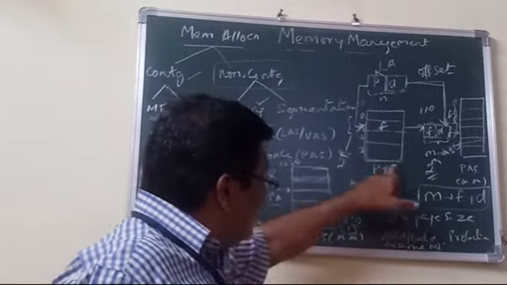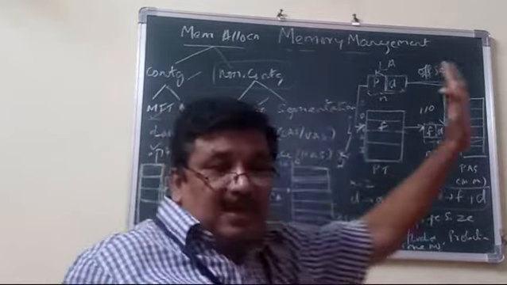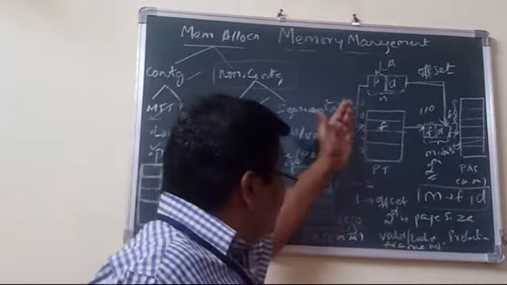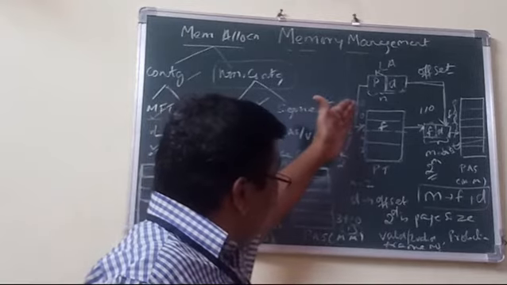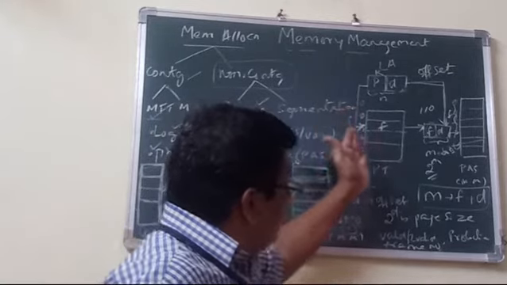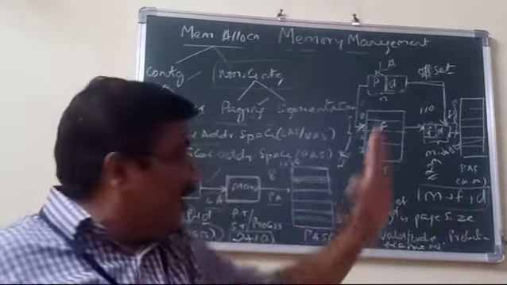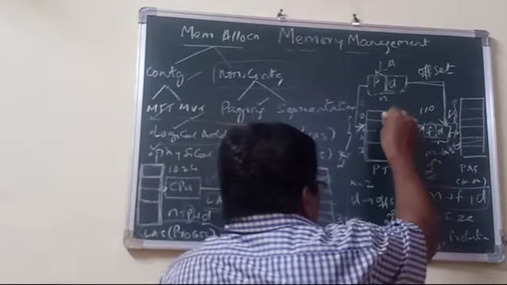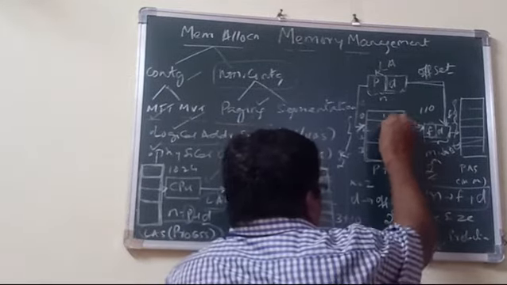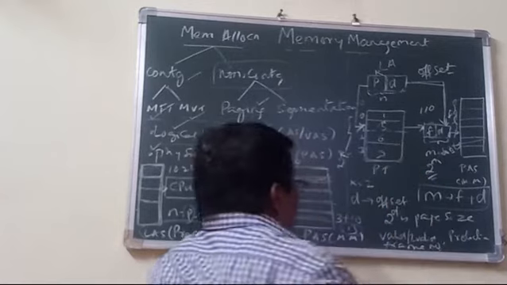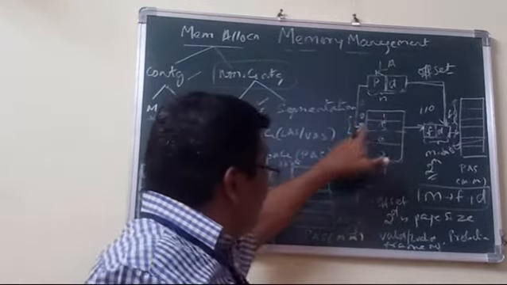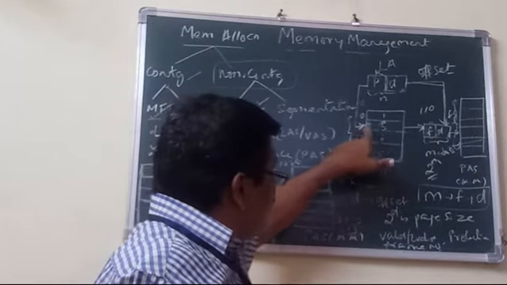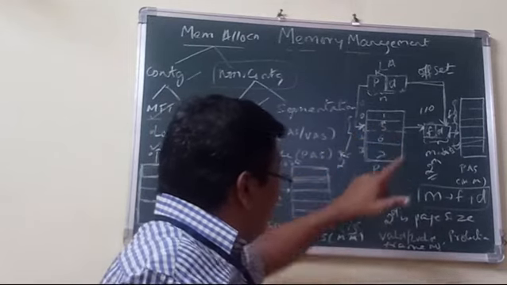The page table contains mapping information: these are page numbers 0, 1, 2, 3, 4, and to which frame each page is mapped. It may contain 1, 5, 6, 7, which means the 0th page is stored in the first frame, the first page is stored in the 5th frame, like that.